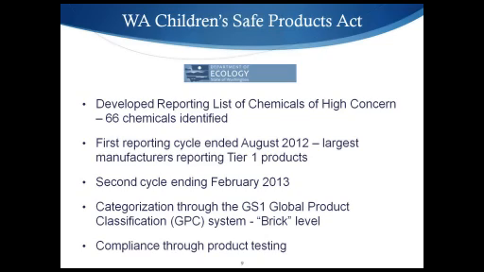And Washington will be going through their compliance. Part of their compliance strategy is product testing. They will be looking at specific products and making sure that the reported information matches the test results that they receive. So I'm going to switch over now to the online system.